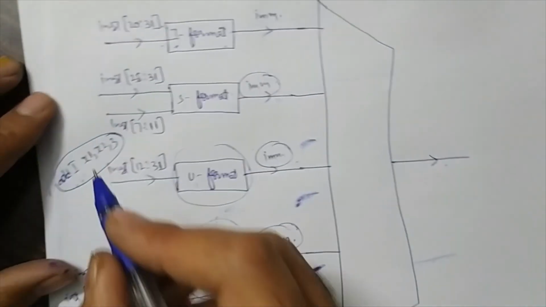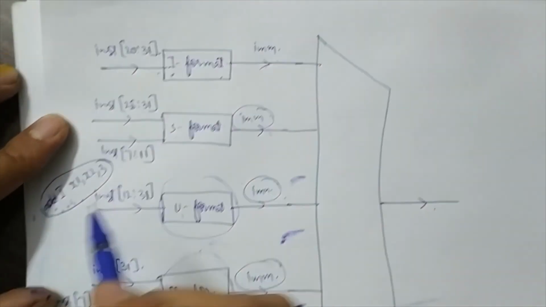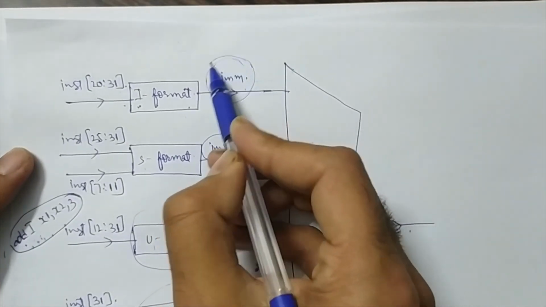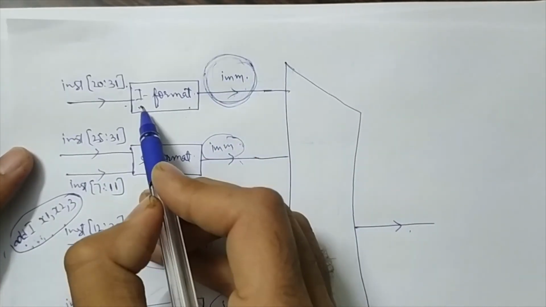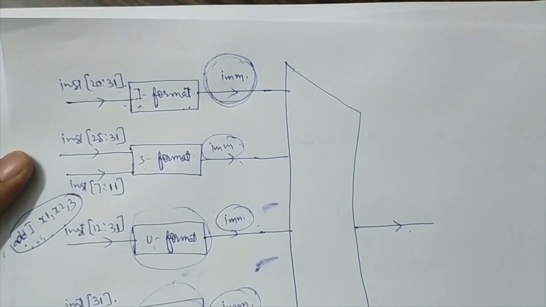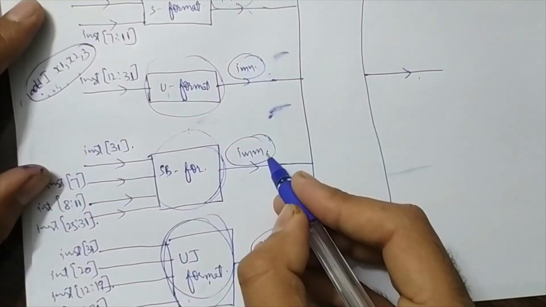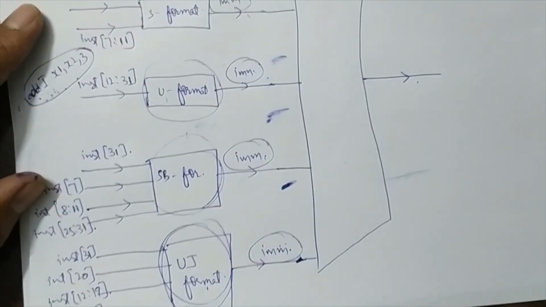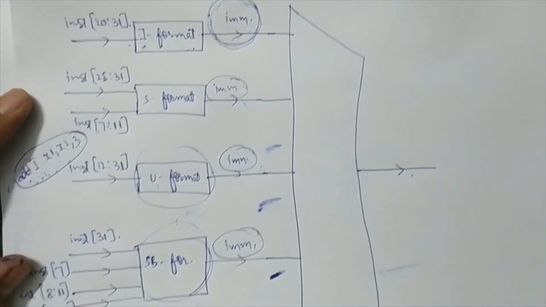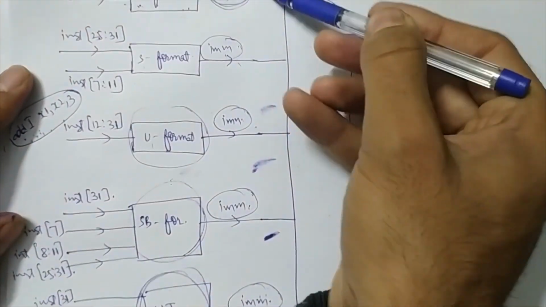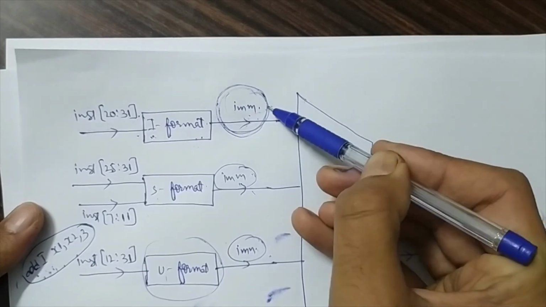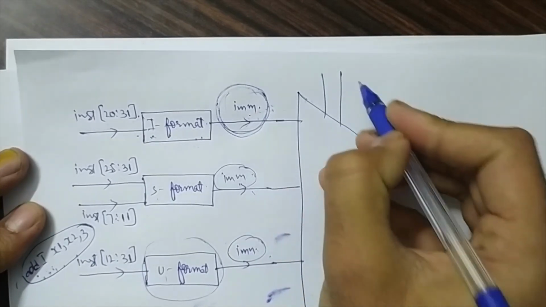For this instruction, it should choose the output given by the I format block and ignore the other immediates. How does the multiplexer choose? It chooses based on control lines.